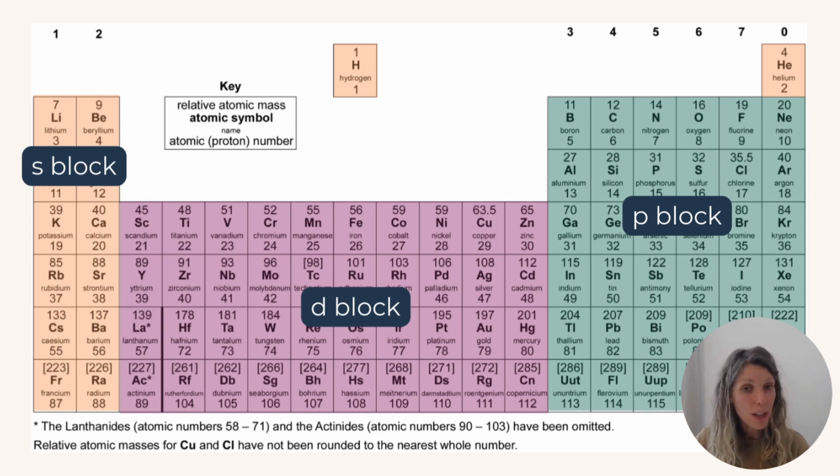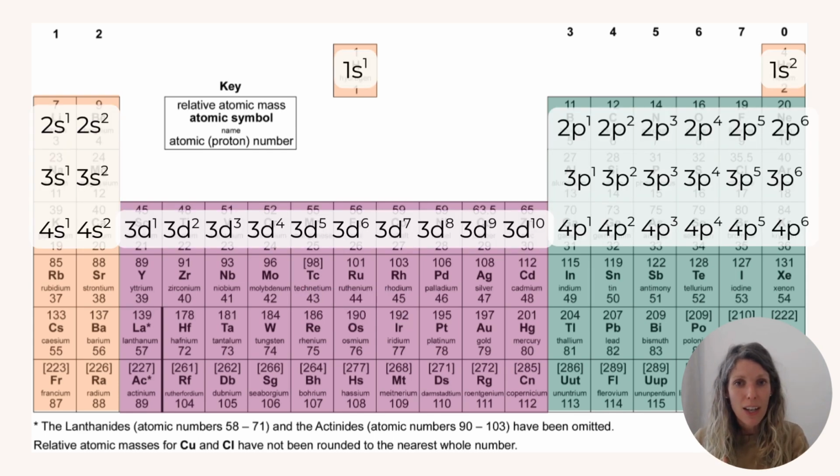The P block you can see in green, and the D block you can see in purple there. And again, you might be thinking, oh, how am I reading this off? Okay, let's break it down further. So we can see where the highest energy electrons are. Now let's map it to how to read the electron configurations.